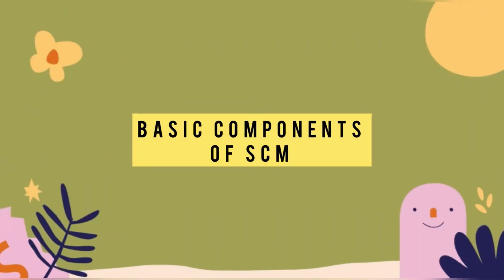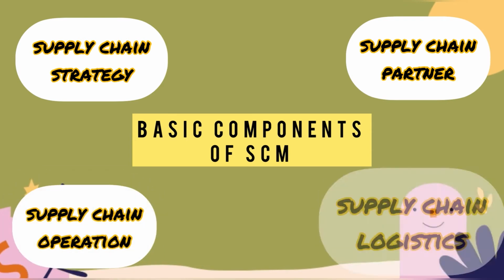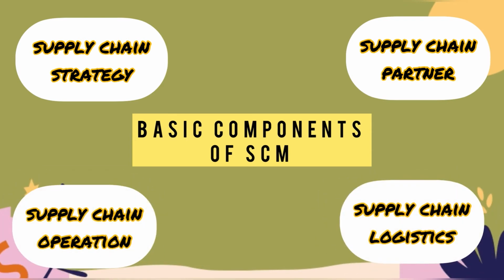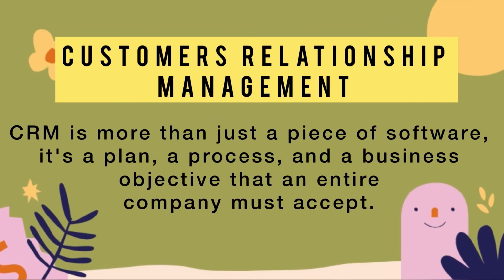And next, basic components of SCM. There are 4 basic components: supply chain strategy, supply chain operation, supply chain partner, and supply chain logistics. So next, the second thing in this chapter is customer relationship management. CRM is more than just a piece of software.